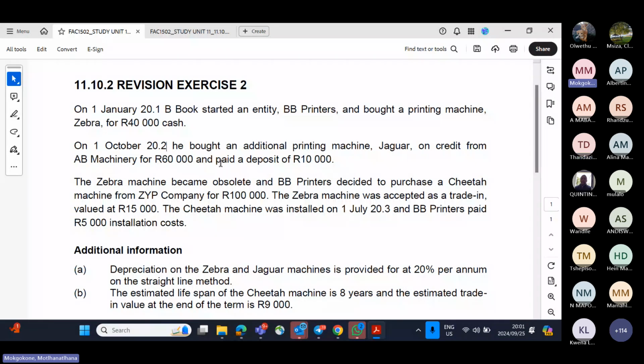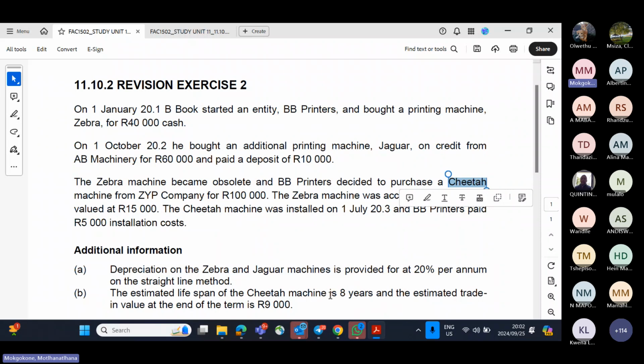Then we have the cheetah machine, the one we bought for 100,000. And that one, there is also installation cost. How much is the installation cost? 5,000. If you add the purchase price of 100,000 plus the installation cost of 5,000, they will give you 105,000, which is the cost price. And we said depreciable amount is cost price less residual value.